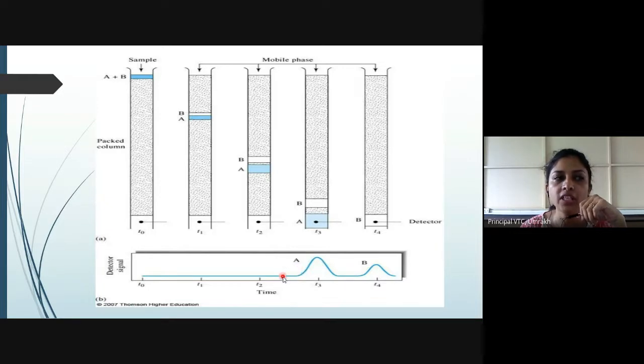Once A reaches the detector, it gives a response, and afterwards B will be eluted on further addition of mobile phase and will reach the detector. So we will get the response of both components A and B once they are eluted out from the column.